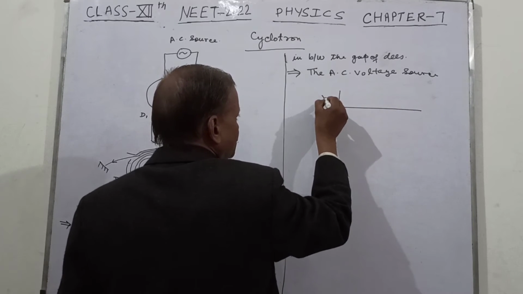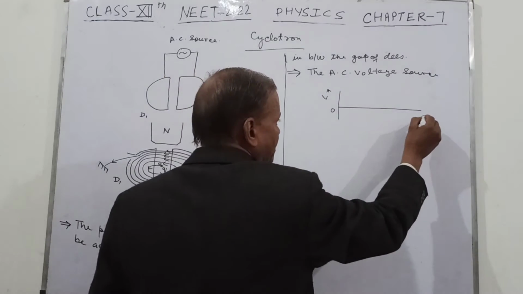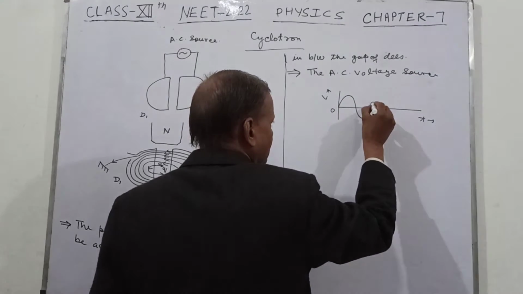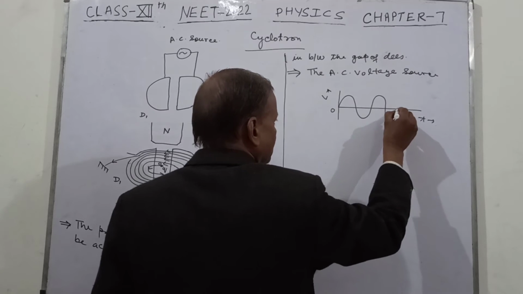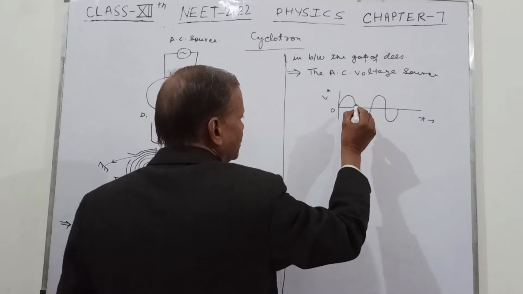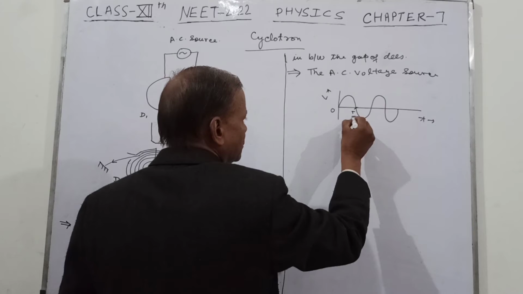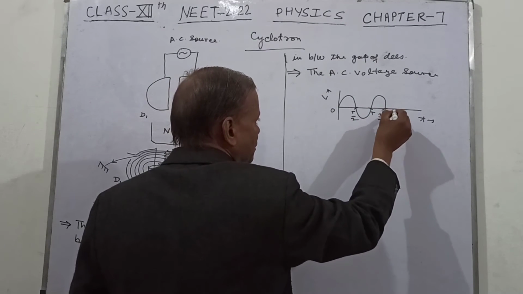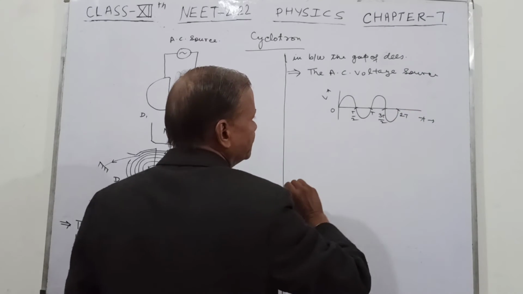This is now 0. This we have now V. This we have the time t. Then this is like this one. This is now time T by 2. This is now time T, then this is now your 3T by 2. This is now suppose 2T.